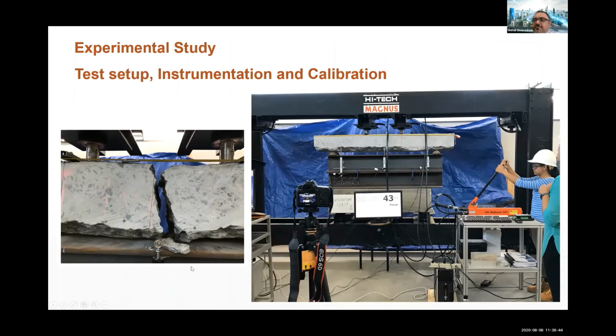We compared the results with the design, and with the actual required capacity in terms of the bending and shear, but none of them basically met the requirement that we have.